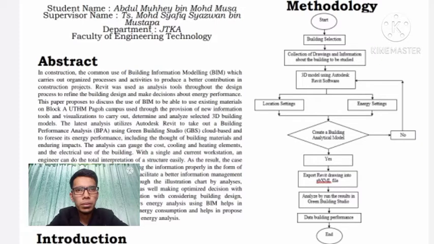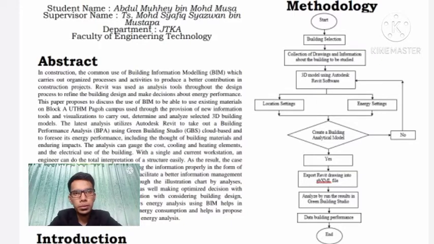The first is the architecture drawing, the structural drawing, and the MEP electrical drawing. And the third step is a 3D model using Autodesk Revit, where I go to a 3D view in the Revit software to build it up and set it properly.